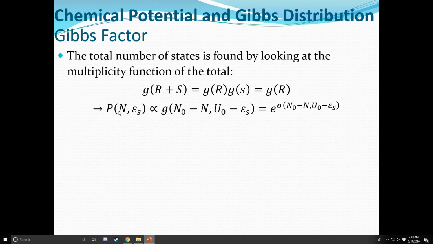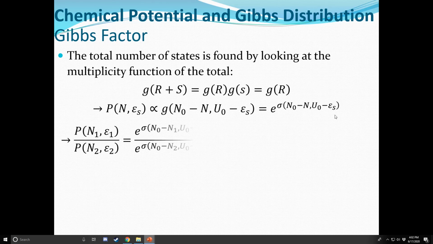Once again, our probability is going to be proportional to this, which is going to be equal to this. And then if we take the ratio of the probability between two states, our factor ends up looking something like this.